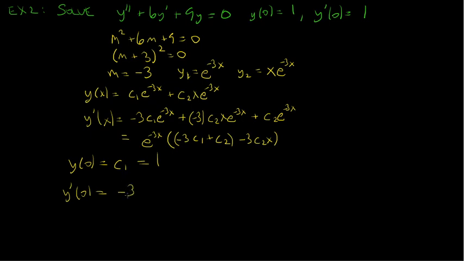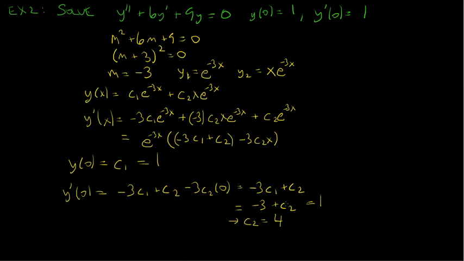And then we get -3 c1 plus c2 minus 3 c2 times 0, which is just -3 c1 plus c2. But remember, we already know that c1 is 1, so this is just -3 times 1 plus c2, and that has to be equal to 1. So that tells me that c2 has to be positive 4, right? 1 plus 3 is 4.